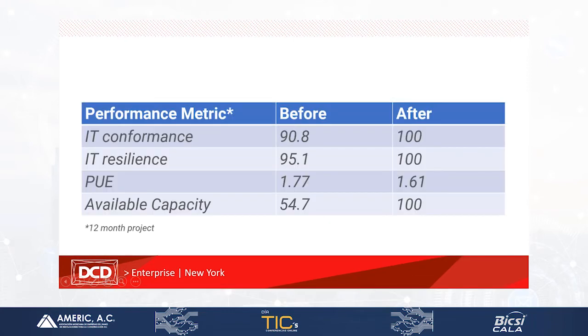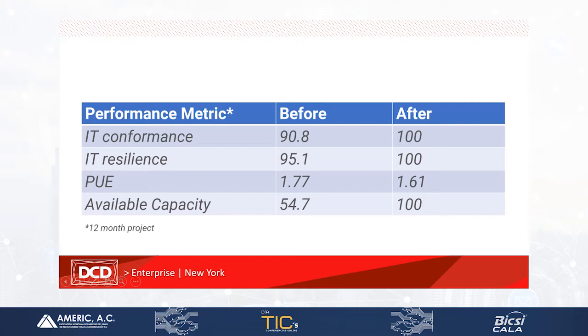Here are the performance results for the project. It occurred over 12 months, and over that period of time, they increased the resilience of the IT equipment significantly, both under normal operating and failure scenarios.